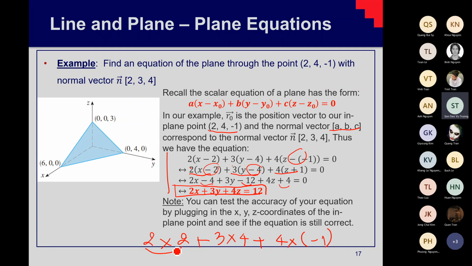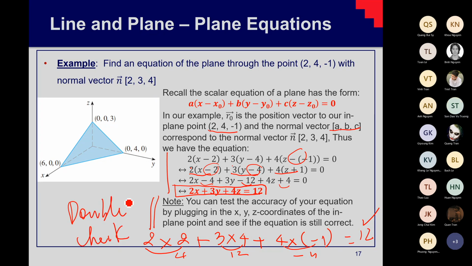This is 4, this is 12, and this is -4. So this is 12, so this is correct. This means the point (2, 4, -1) is on this plane. This is a kind of double check, to make sure that our work is okay. Sometimes, actually most of the time, it's good to double check our work.